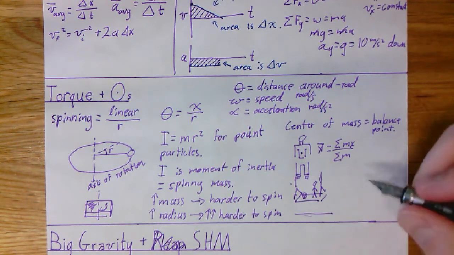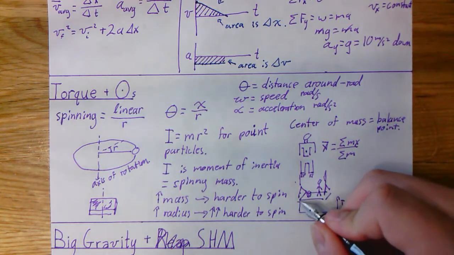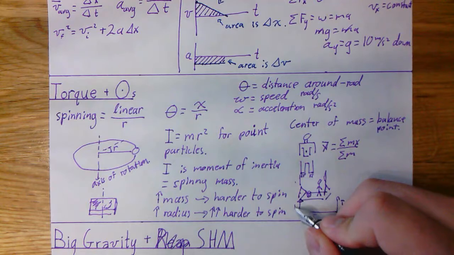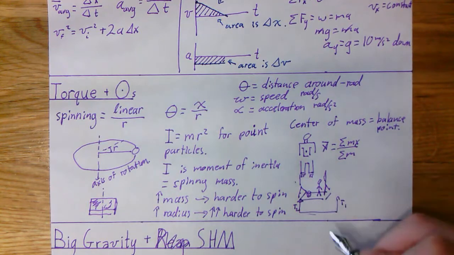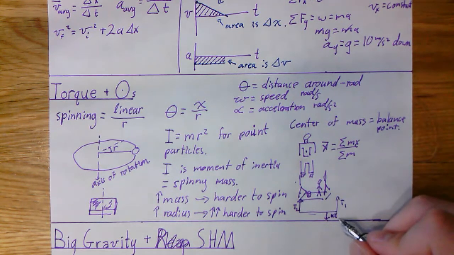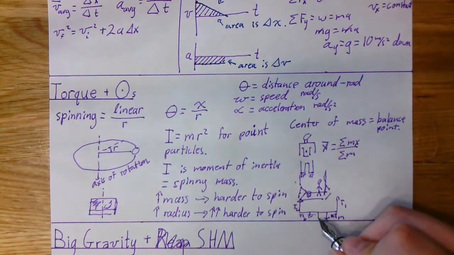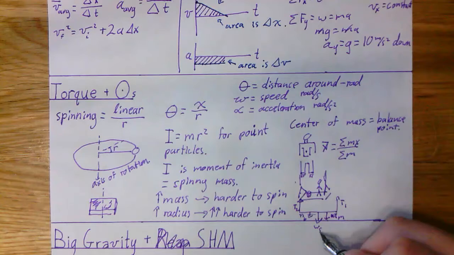Here's a line. We've got tension going up. We've got another tension going up, T2, T1. We've got the weight, or rather the normal force of the man's feet pushing down. We've got a little smaller normal force of the bucket going down, and then the weight of the scaffold itself.